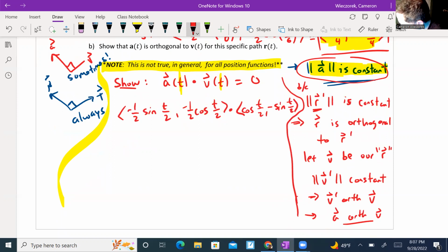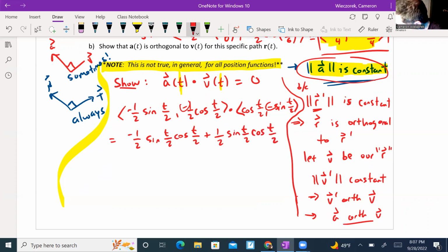Okay, taking the dot product, we're trying to show it's 0, so we can't assume it's 0. We've got to get there. We're going to get negative 1/2 sine t over 2 cosine t over 2, and then plus, a negative times a negative is a positive, so plus 1/2 sine of t over 2 cosine t over 2.